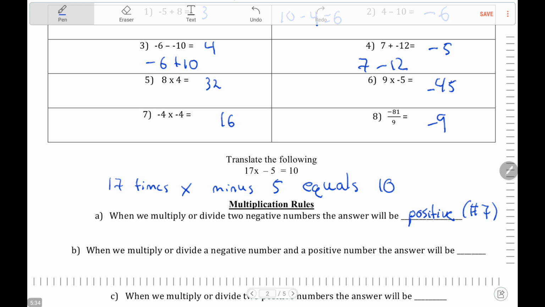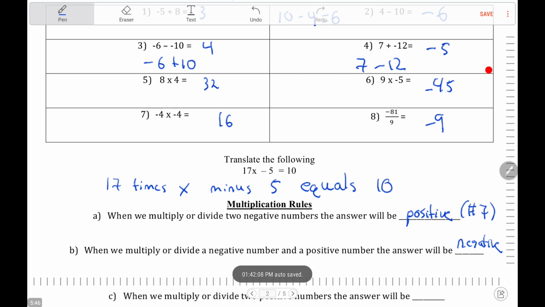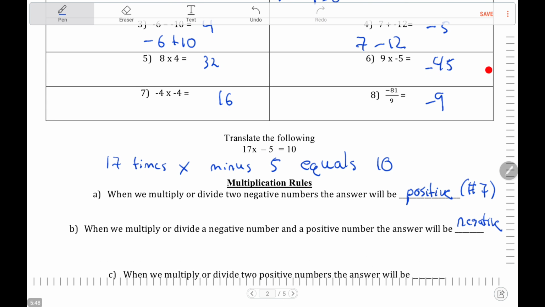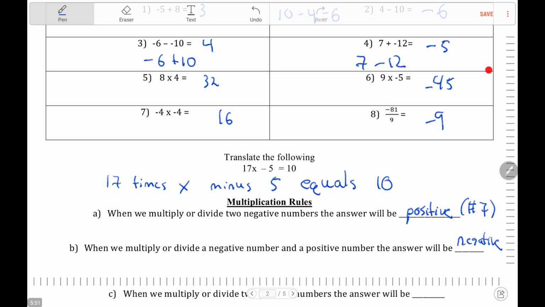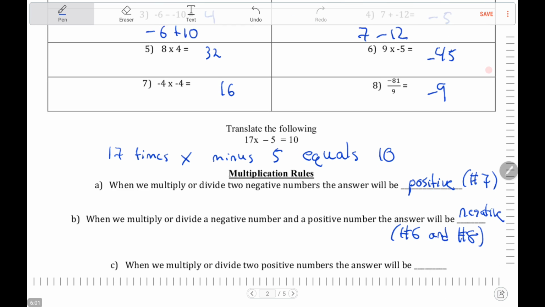When we multiply or divide a negative number and a positive number, the answer will be negative. So let's look at number 6 and number 8. When the signs are different, the answer is negative.